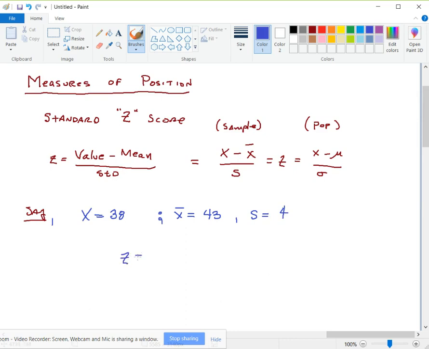Then, simply put, our z-score is just 38 minus 43 divided by 4, which equals minus 1.25. So, from this, we can determine that the data point is 1.25 standard deviations to the left, because this is a minus sign, to the left of the mean, or below the mean, you could possibly say. So that's our first item I'm going to talk about.